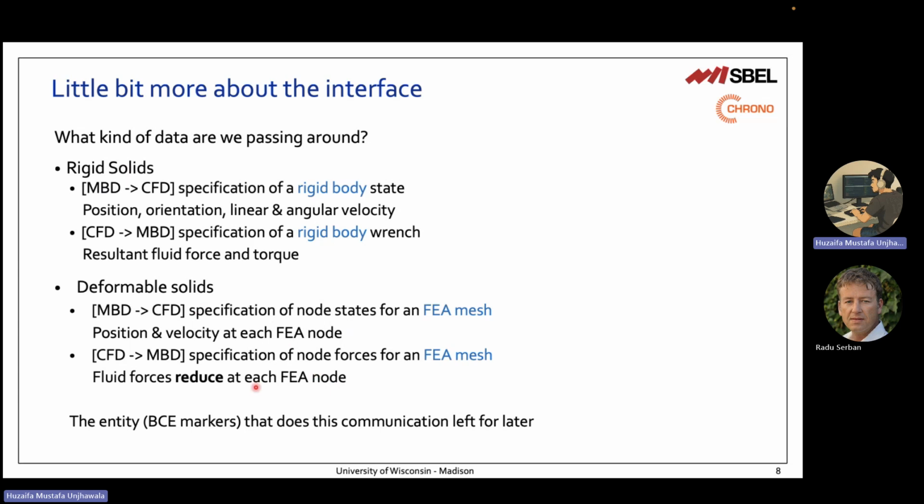We now know what is communicated, but how it's communicated is handled through boundary condition enforcing markers. I'll come to that in a bit, but all you need to know for now is there are two systems, the multi-body dynamic system and the fluid system. They communicate force and displacement, and these are the exact quantities that are communicated.